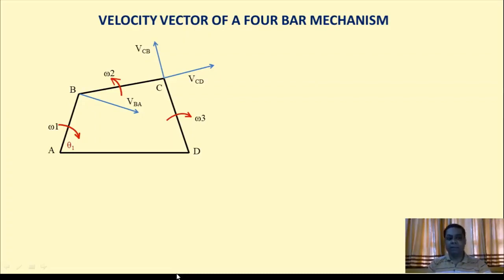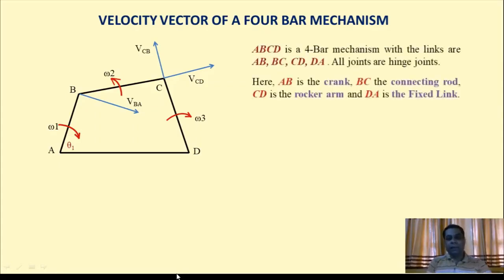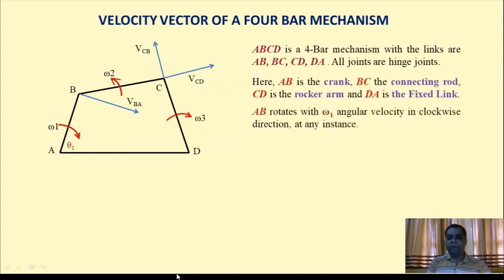At any instant the velocity component of B, Vba, makes an angle of 90 degrees, perpendicular to the imaginary line connecting point A to point B. Here AB is the crank, BC is the connecting rod, CD is the rocker arm, and DA is the fixed link. AB rotates with angular velocity omega 1, clockwise at any instant.